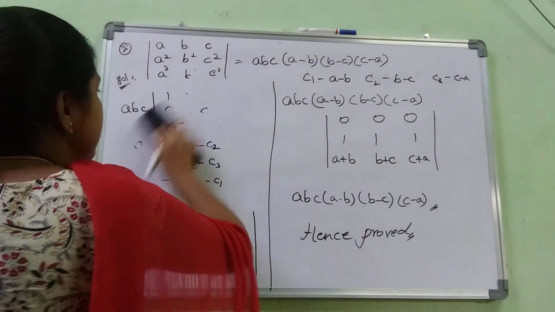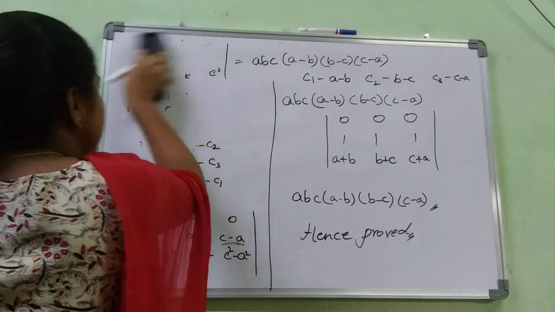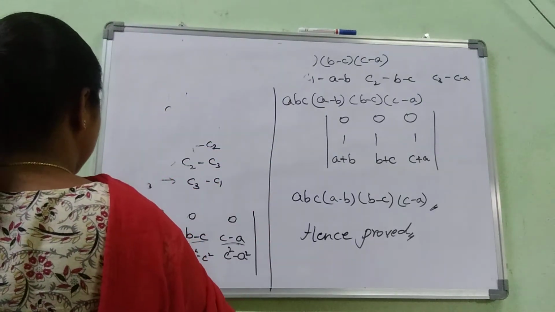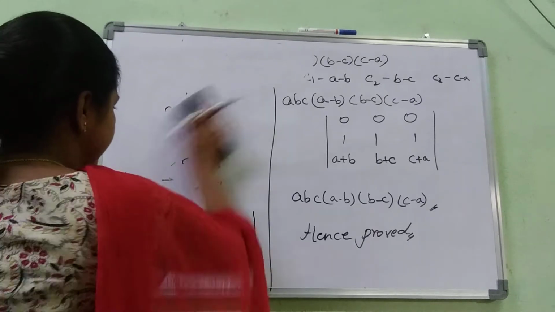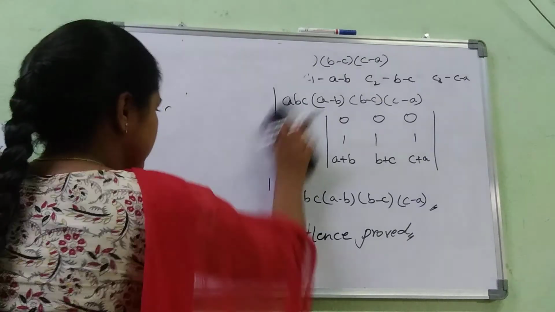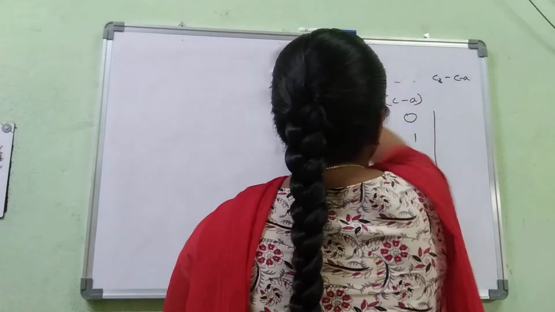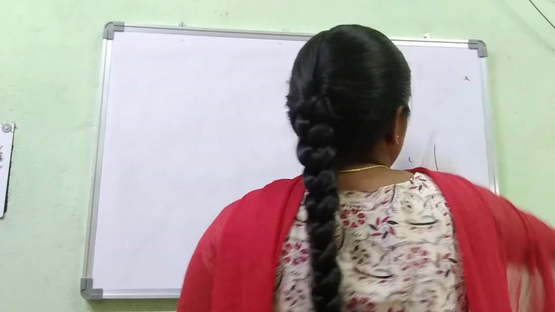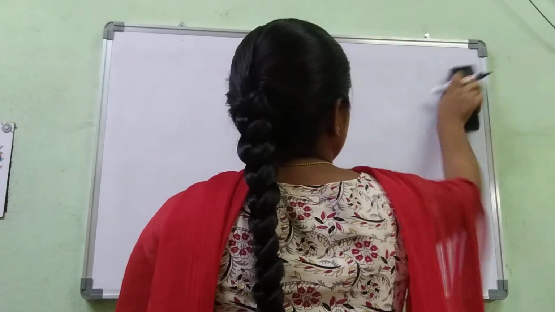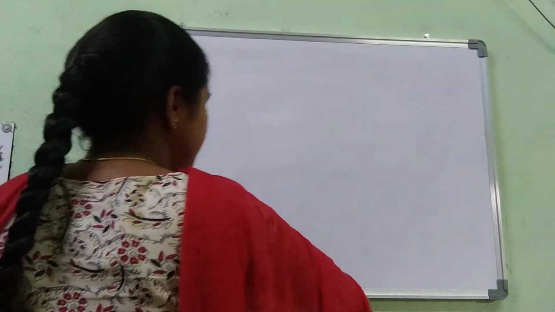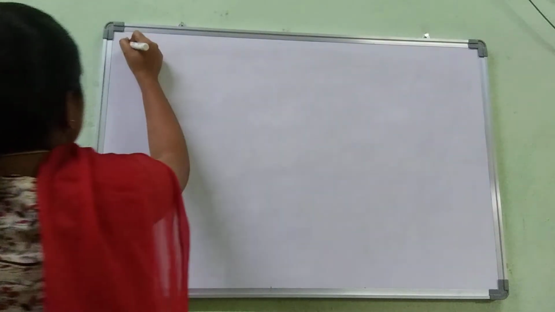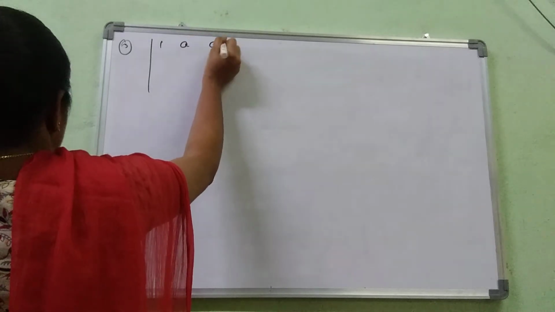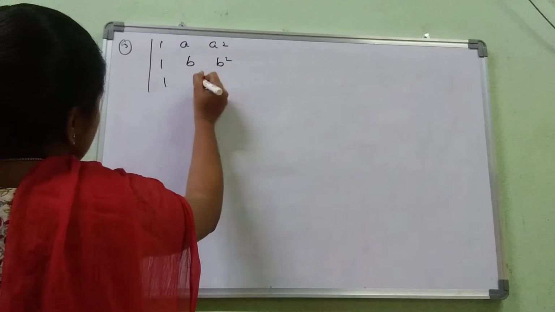So the next question, the third question, is the determinant of 1, A, A square; 1, B, B square; 1, C, C square.